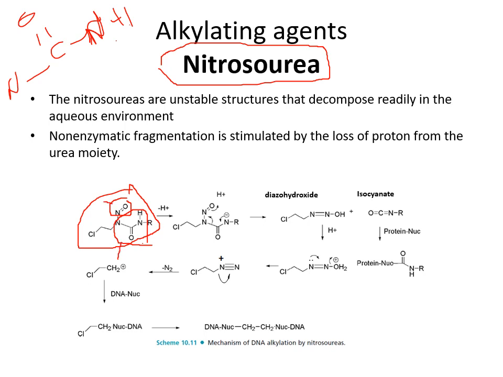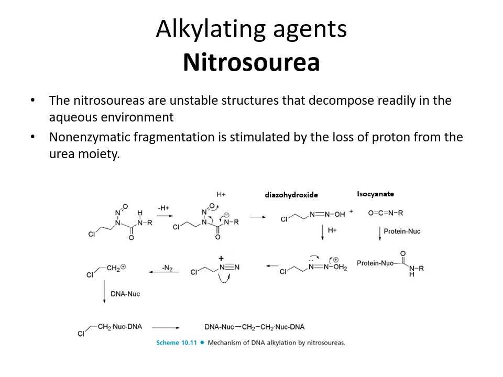So the nitrosourea at pH 7.5 is not stable, as we said. Let me erase what I drew to make the picture clearer.